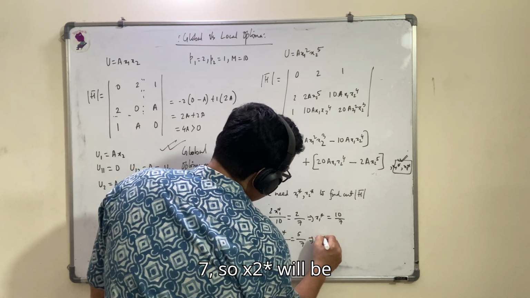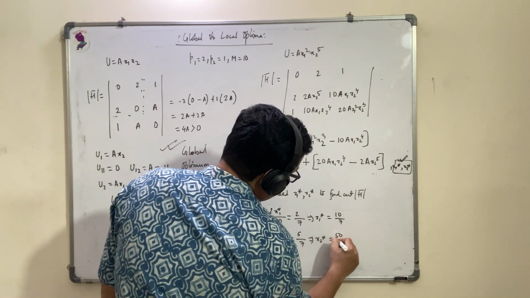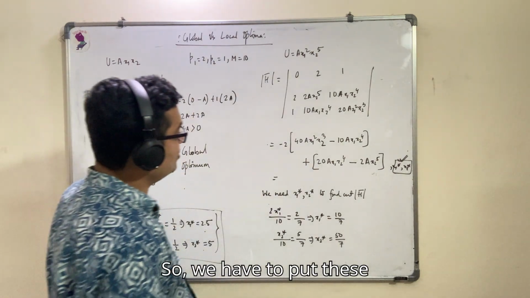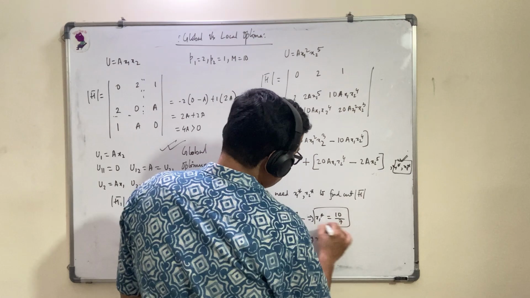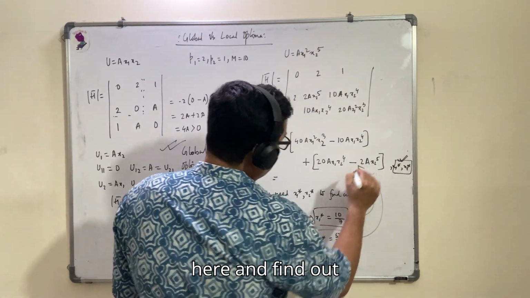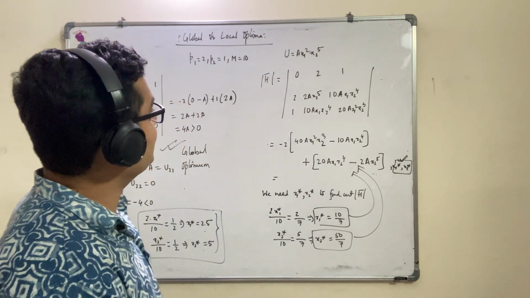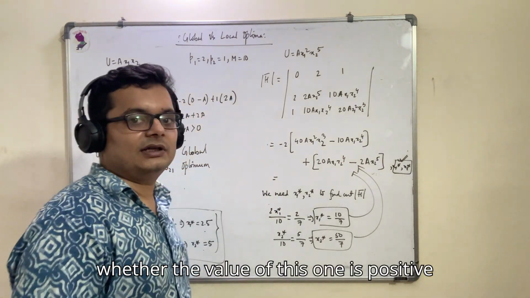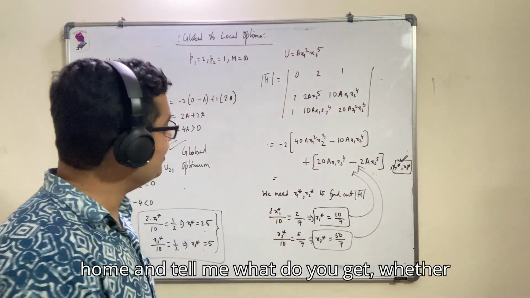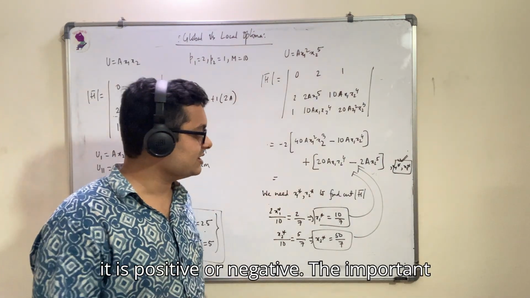So x2 star will be 50 by 7. So we have to put these values here and find out whether the value of this one is positive or not. So do it at your home and tell me what you get, whether it is positive or negative.